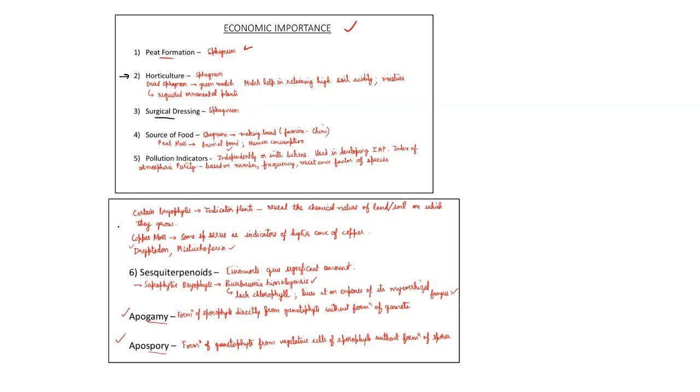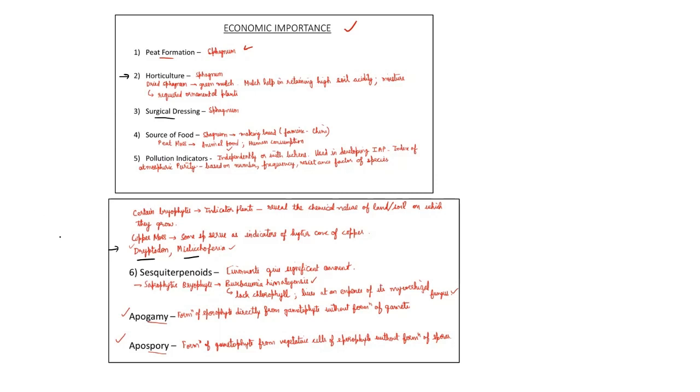Now, copper moss is an example which serves as an indicator of a higher concentration of copper. Dryptodon is an example. Mielichhoferia is also an example. So you should know the indicator plants that tell us about the particular pollution that occurs in the environment.